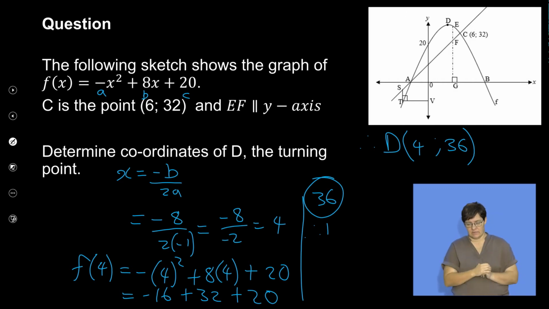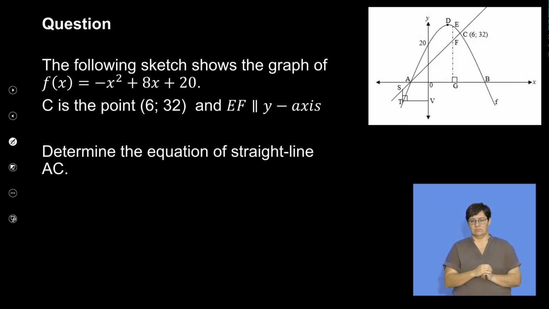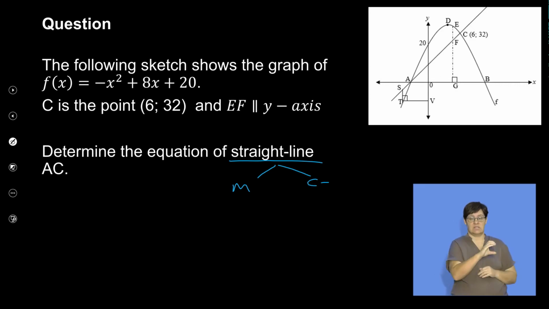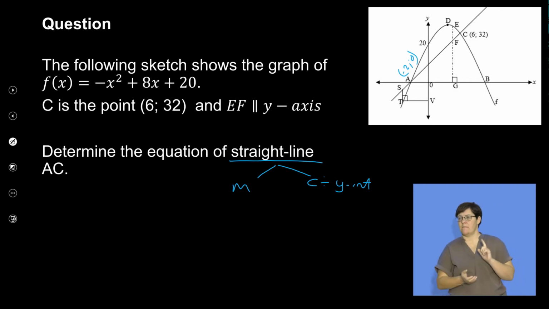Now, the equation of the straight line AC. To find an equation of a straight line, remember, I need the gradient and the value of c, which is the y-intercept, right? Now, to find the gradient, it will be change in y over change in x. I'm going to write my coordinates of A here, which I know is (-2; 0), because I'm going to use A and C to find the gradient.